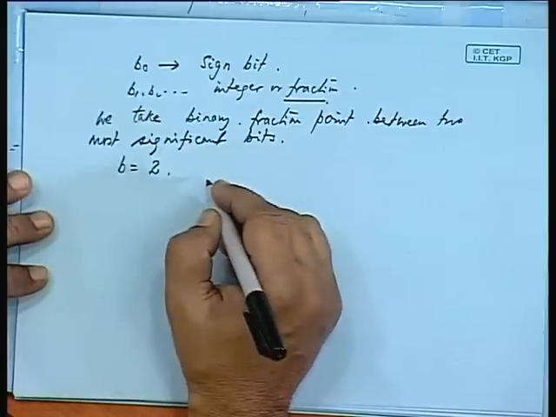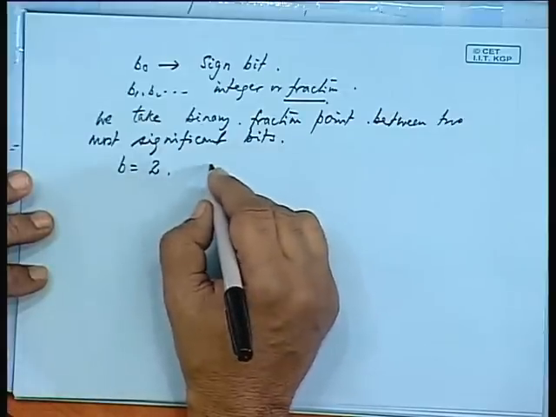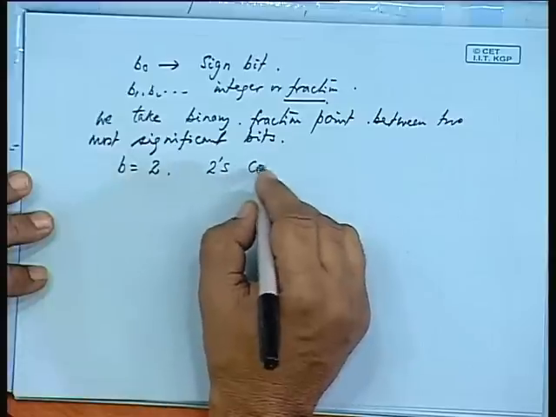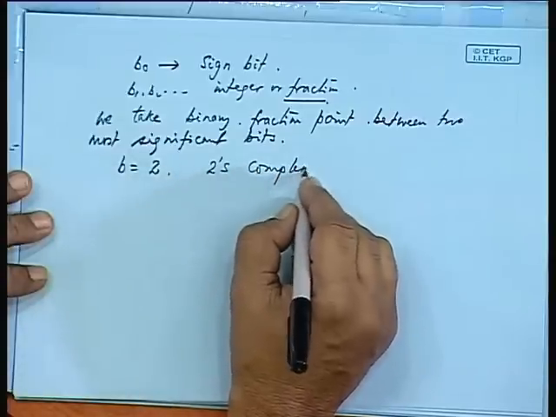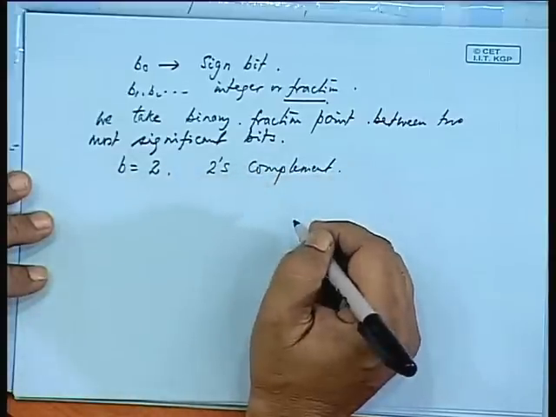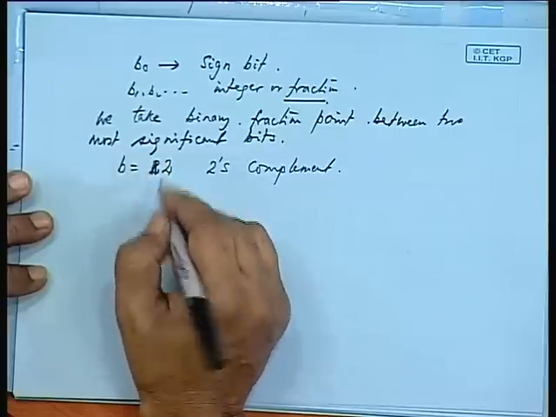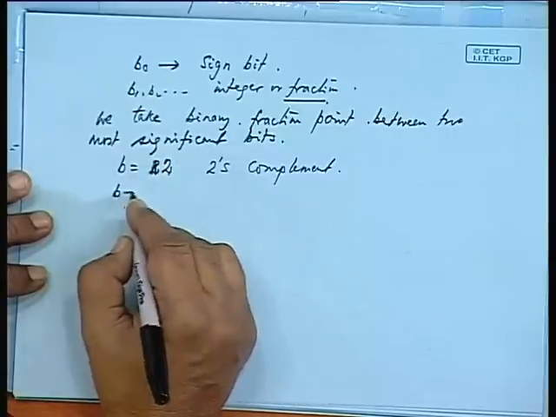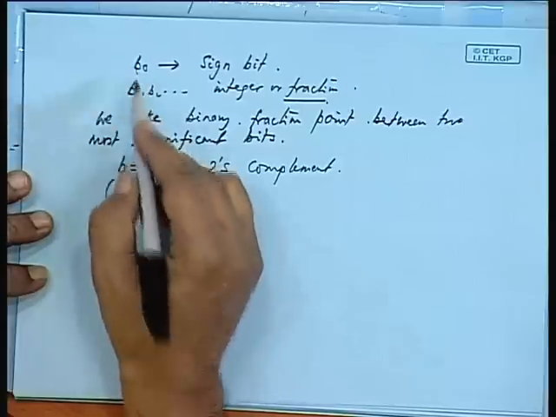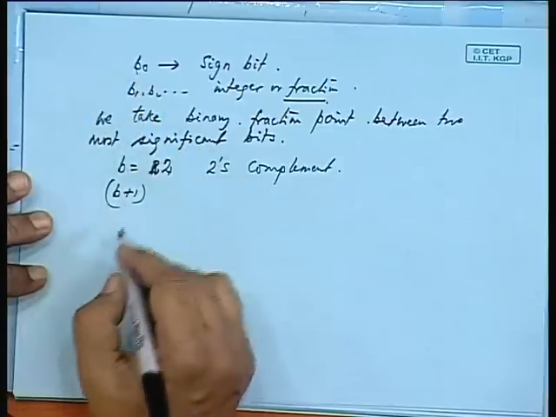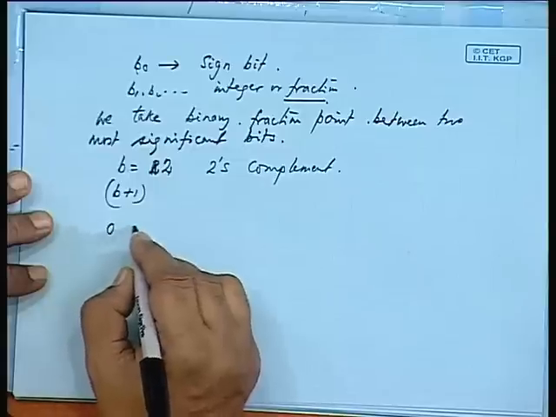For the 2's complement, rather b equal to 3, okay, b equal to 2, the total number of bits is b plus 1 for the sign bit. So, b equal to 2, the 2's complement is like this.